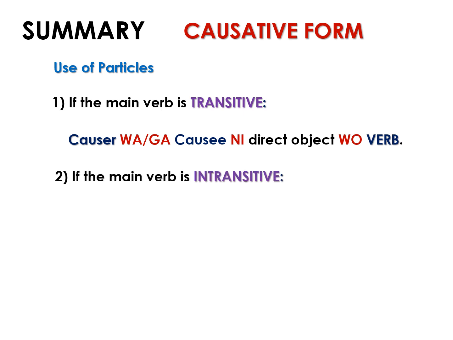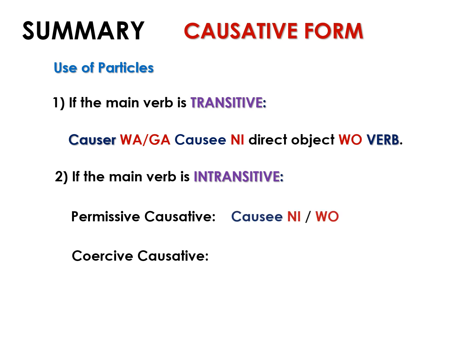If the main verb is intransitive, we need to distinguish whether it is a permissive or coercive sentence. Permissive is the causee is free to do the action, and in this case, the causee can take either the particle ni or wo. If the sentence is coercive, meaning it is against the causee's will to do the action, then the causee only takes the particle wo.